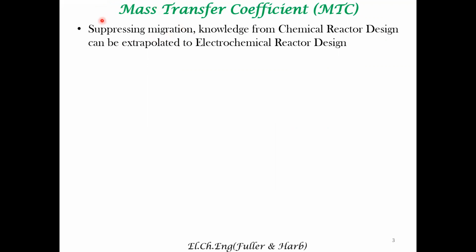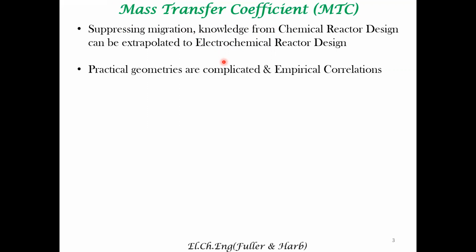So there are situations where migration can easily be suppressed. The many design principles that have been generated in the context of chemical reactor design can be extrapolated to electrochemical reactor design. So that is the broad theme for this lecture.